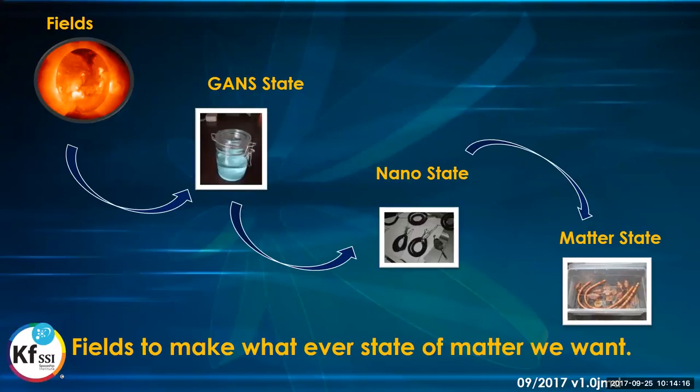And then in return, we've begun to learn that from the fields, we can make the GaNS material, just like we've been taught to make CO2 GaNS, which is essentially produced from the fields around us, to the nano and matter state. So from the fields, we can then begin to realize that we can start making and creating matter, any matter that we want using the fields.